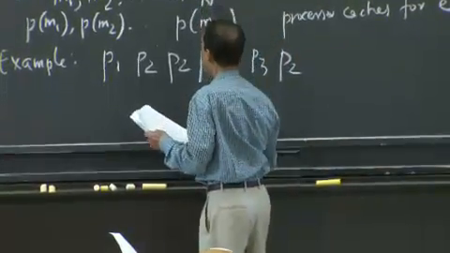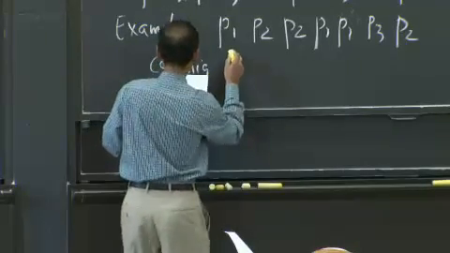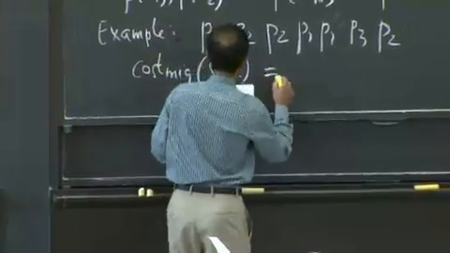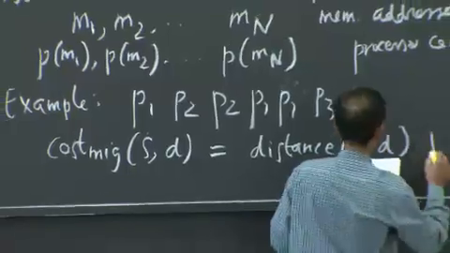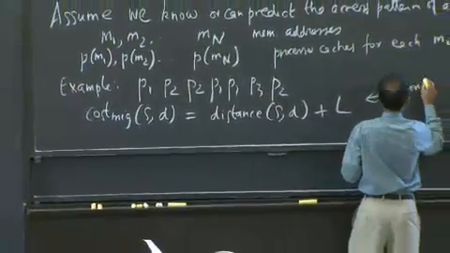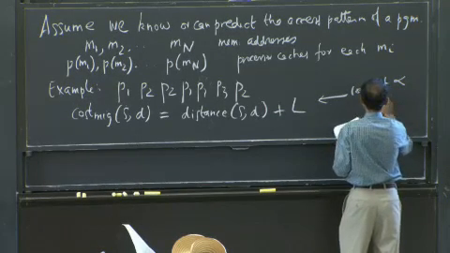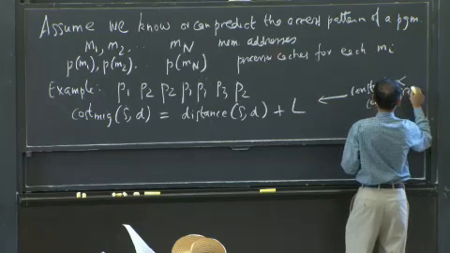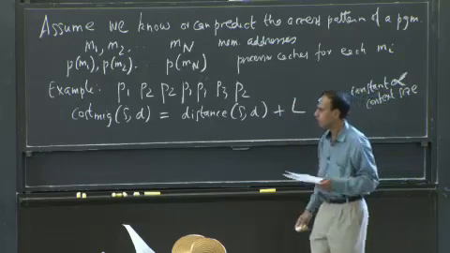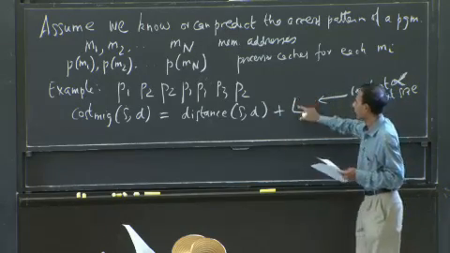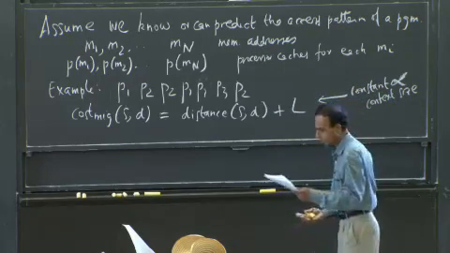So that's one example of a setup, and we can think about the cost of migration, if you want to go from S to D, as being a function of the distance S comma D plus some constant which is proportional to the context size, and that context size we're going to assume is fixed for a particular architecture. It may change for different architectures, but if it's a few kilobits, then there's going to be some overhead associated with putting the context onto the network, and it's a sizable overhead that needs to be taken into account.